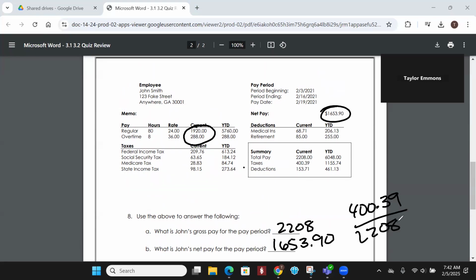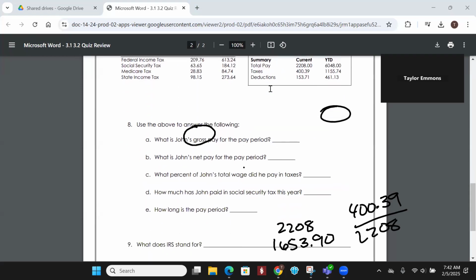What'd you get? 5.52? 400.39 divided by 2208 should be 18%. No, I think it's wrong.